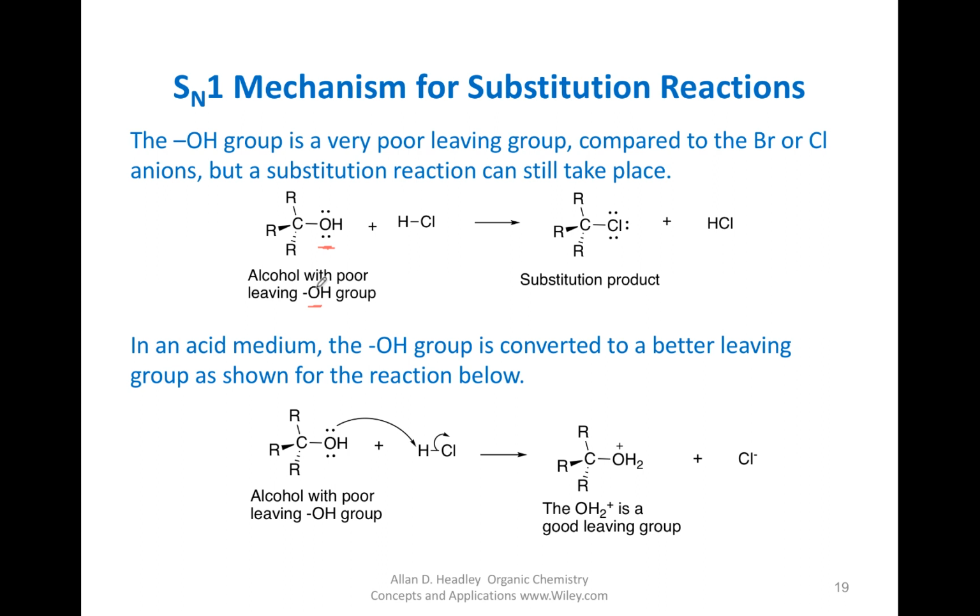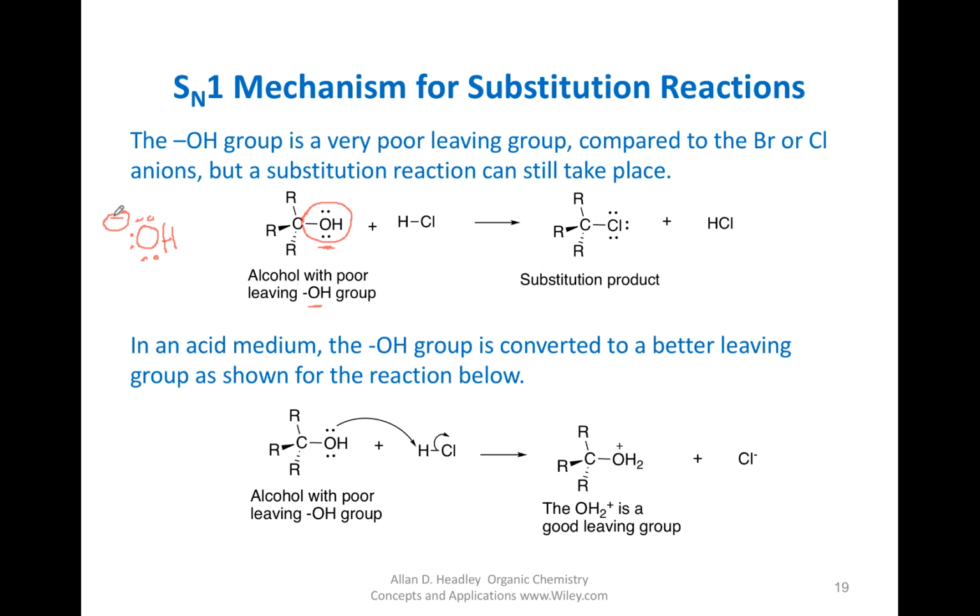The answer is really very, very hard, because this OH here is a very poor leaving group. You may recall that if it left, it would be OH with electrons and, most importantly, minus. That's the hydroxide ion or anion.